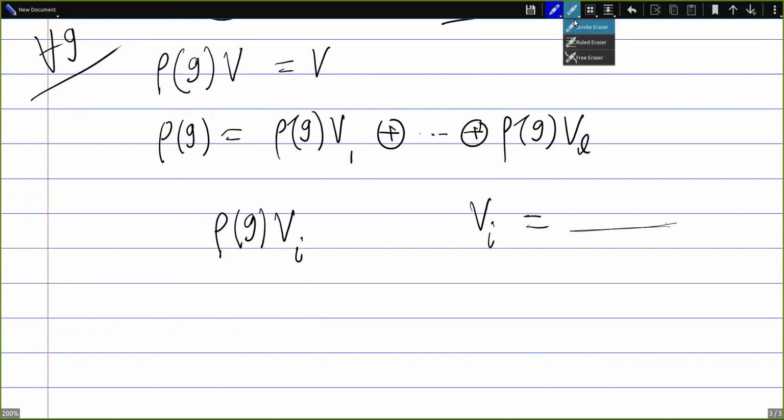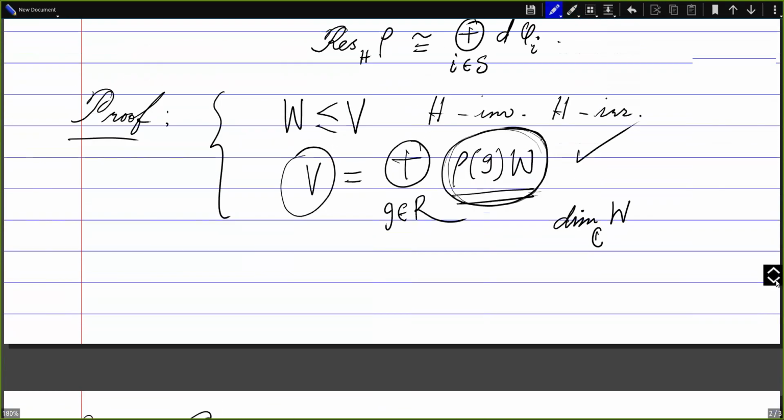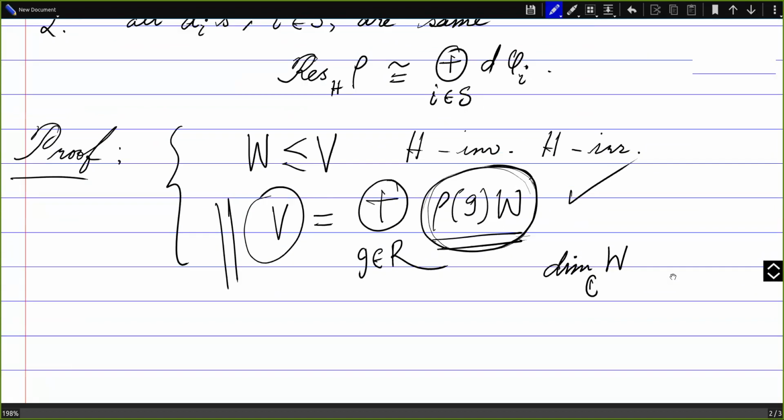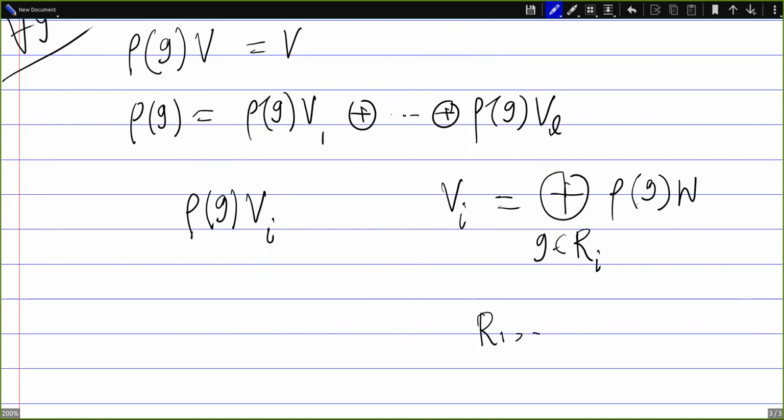In view of this, we can write Vi as some direct sum of rho g Wi, where g belongs to Ri, and R1 up to RL are the index sets. Basically, their union will be R.